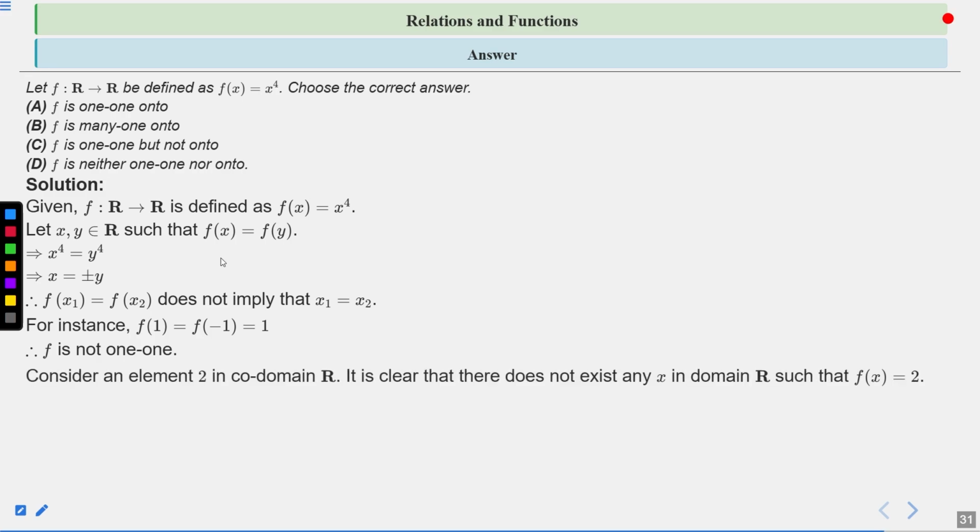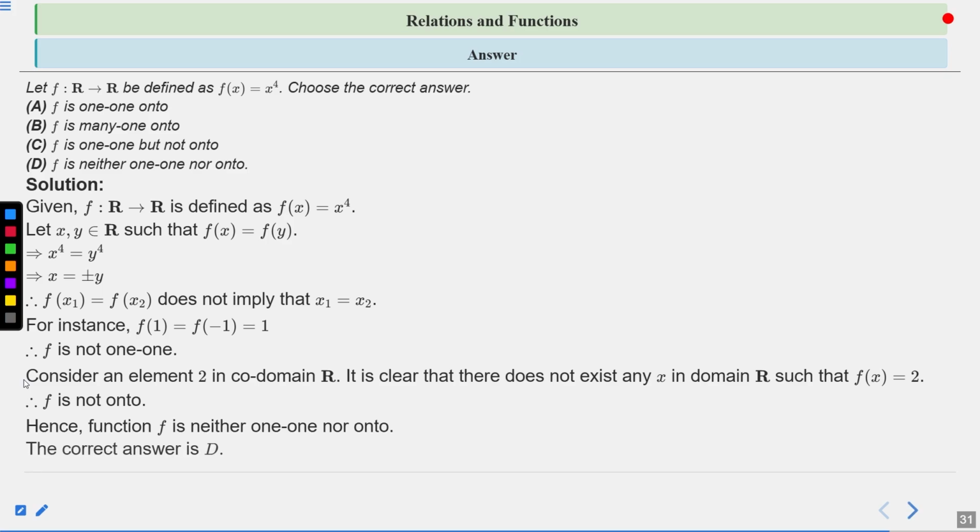Now, if you pick 2 from the codomain set, we can easily see that there does not exist any x in the domain, which is R, such that f(x) is 2. Therefore, f is not onto. Hence, function f is neither one-one nor onto. The correct option is D, neither one-one nor onto.